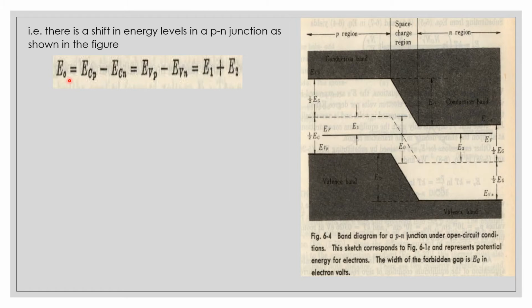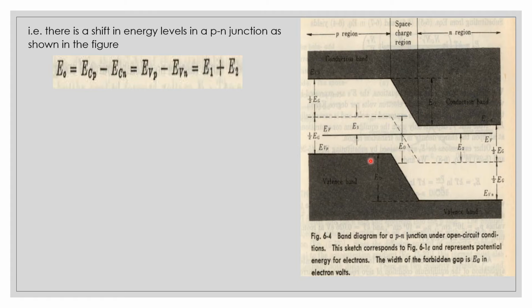So we'll write down E0, which is equal to ECP minus ECN. This is E0.